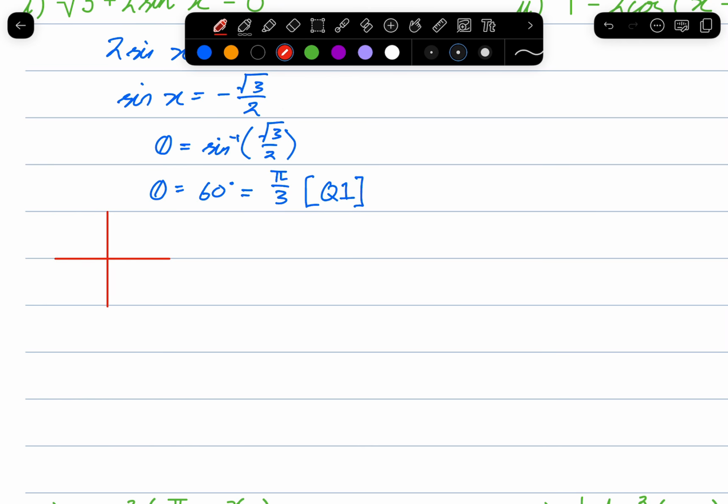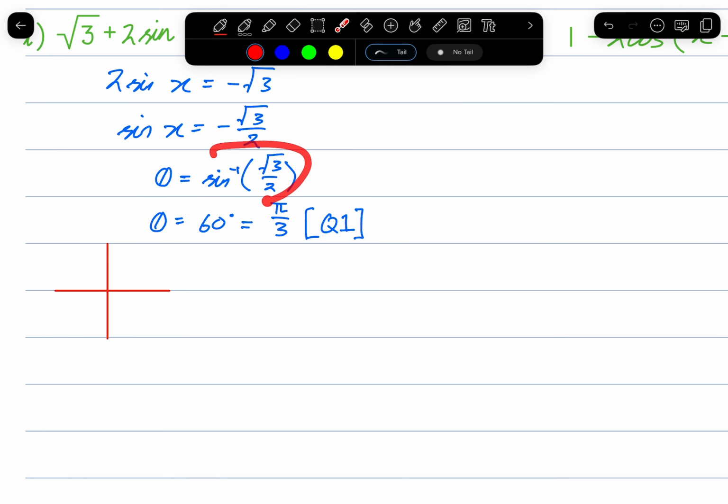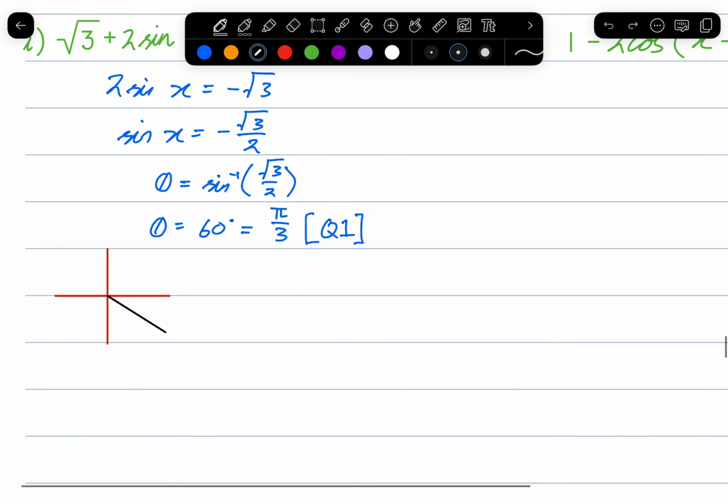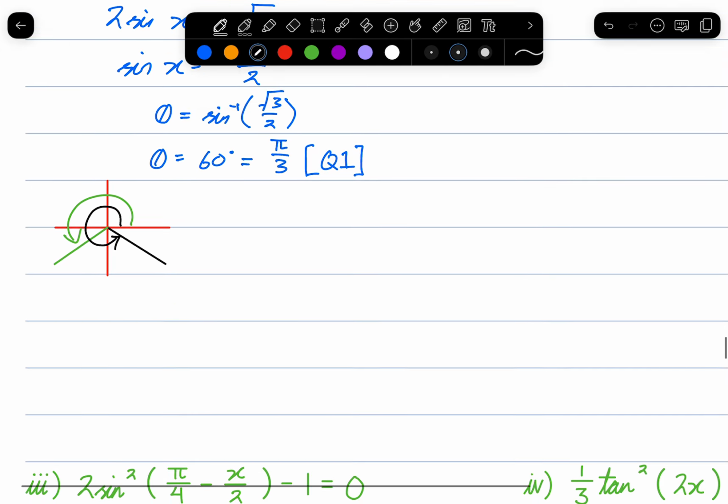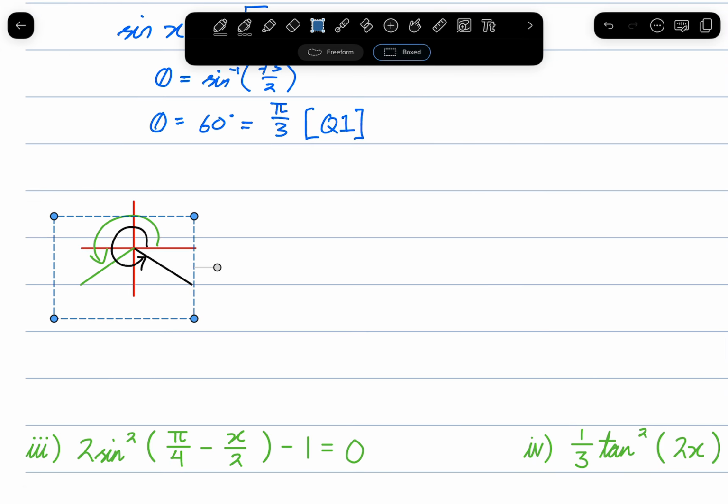In this instance, sine is negative in quadrant 4 and quadrant 3, but normally we would go forward in our angles. So we would normally find this angle here and this angle here.